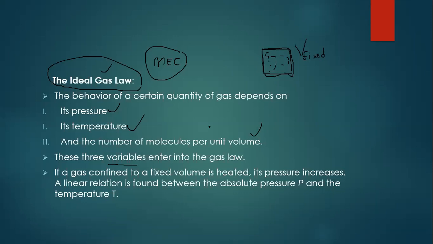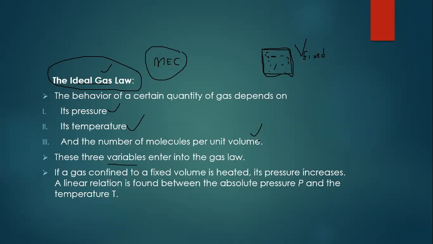So we have talked about these variables: pressure, temperature, and volume. But when we describe the gas law, the ideal gas law, we need to go step by step. We can't talk about all these variables at the same time. We must eliminate one of them at a time.